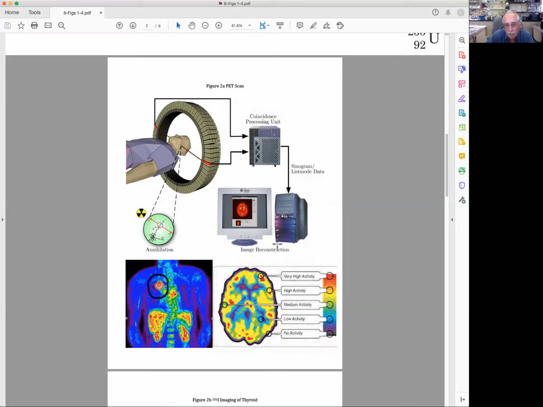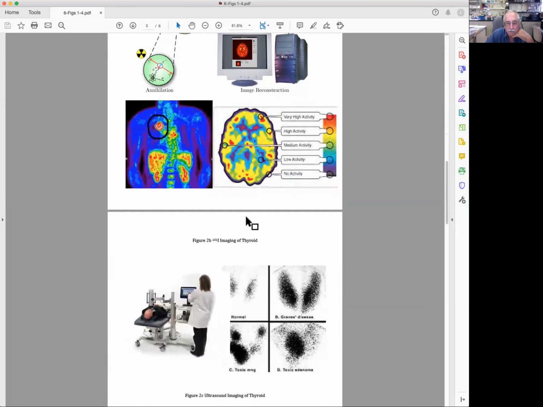So whoever created this program had to be able to know exactly, well, what am I supposed to be seeing? What should it look like? And how they know that is from looking at people's brains and stuff in this particular case, right? So they have to figure out how to take this signal over here, which is gamma radiation, process it with computer programs and turn it into an image. So here's some examples. Here's a person who has a tumor that's not supposed to be there.